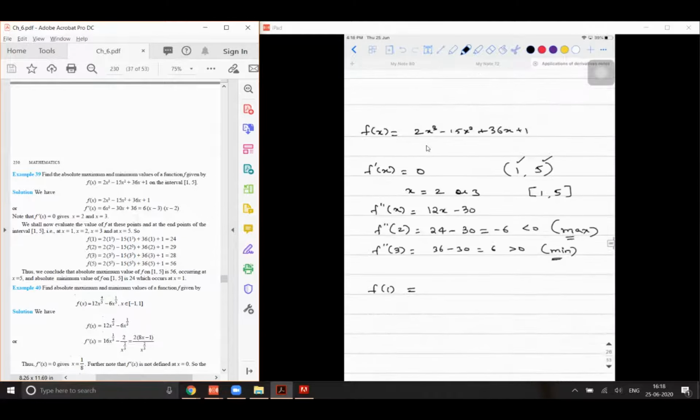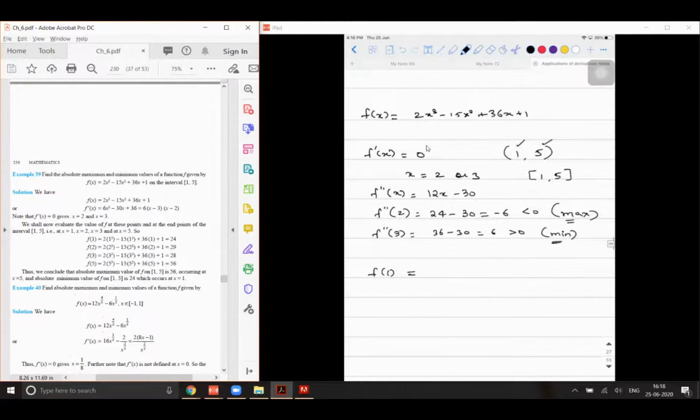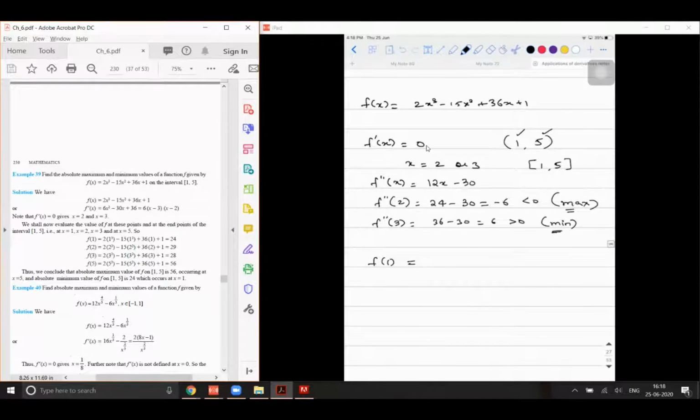If I had done the second derivative test, f of 2 still would have been 29 and f of 3 would have still been 28. So on a comparative basis between 2 and 3, this is the maximum, this is the minimum. You took only 2 and 3 in this case because 1 and 5 are not part of the domain.